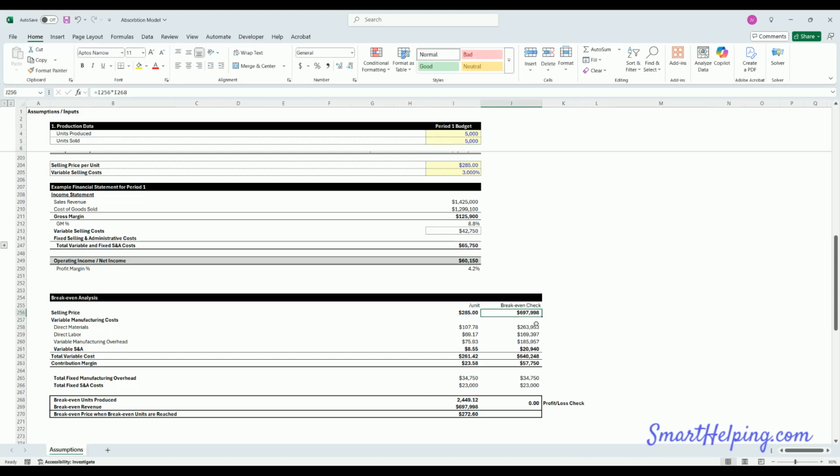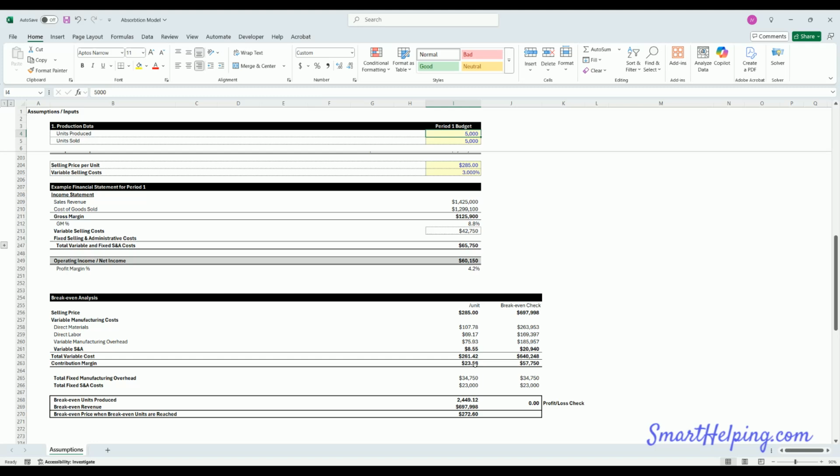Oh, okay. Yes, because this is a new break-even units produced. So here at $285, and these are not directly related. These two are not related directly. So at $285, 5,000 units produced.